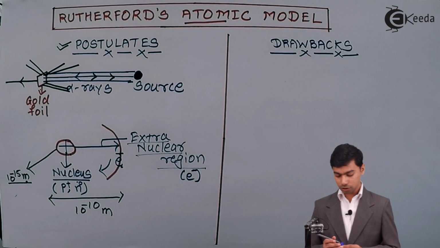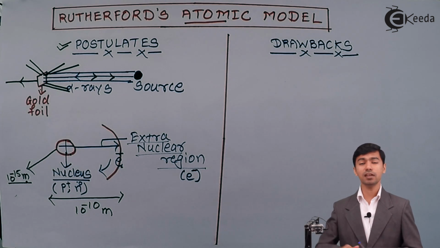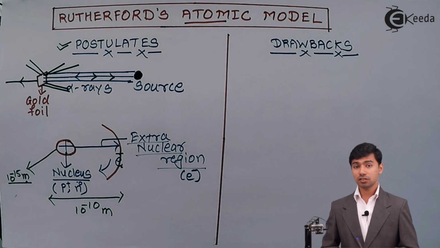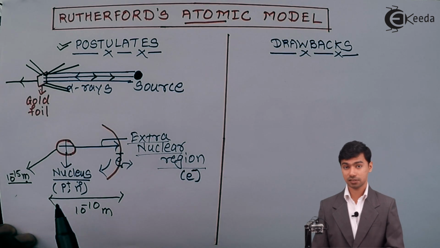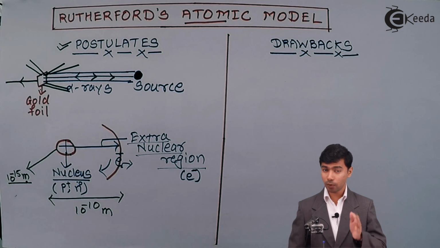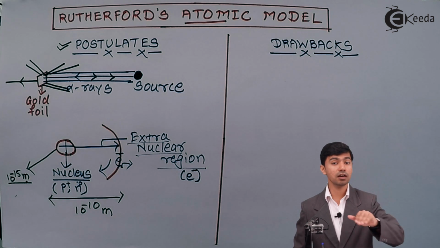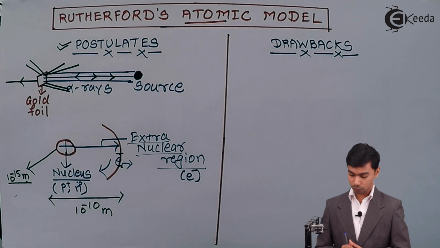The next assumption of Rutherford was that whenever electrons are moving around the nucleus, they are radiating certain kinds of energies. These were the postulates of Rutherford.